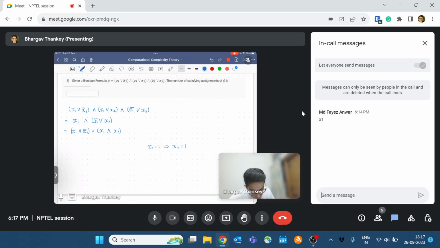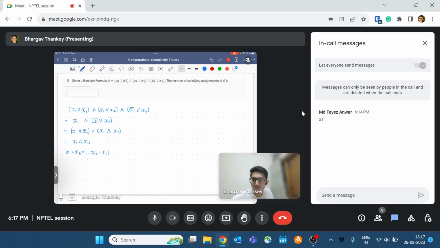So this is x1 and x3. And so both x1 equals x3 equals 1, right? So a single assignment. Actually, two assignments. X2 is equal to 0, comma 1.